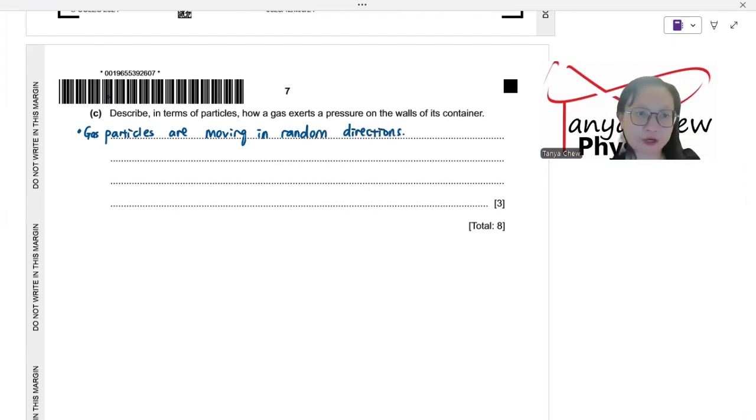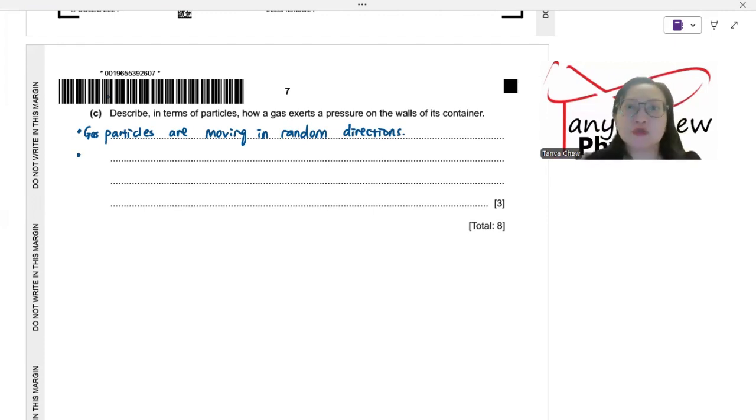So they move in all directions. So what to do when they move in random direction? Remember one of my YouTube videos, I talk about the command word from the question. When it is about description, you are asked to describe something. So you have to describe from A to Z. So I said that gas particles are moving in random directions.